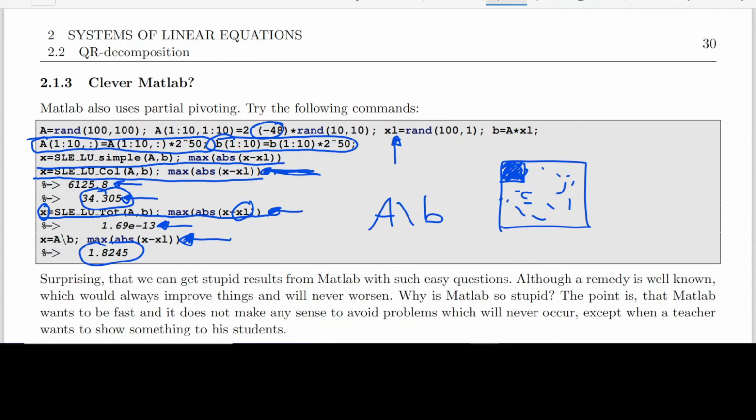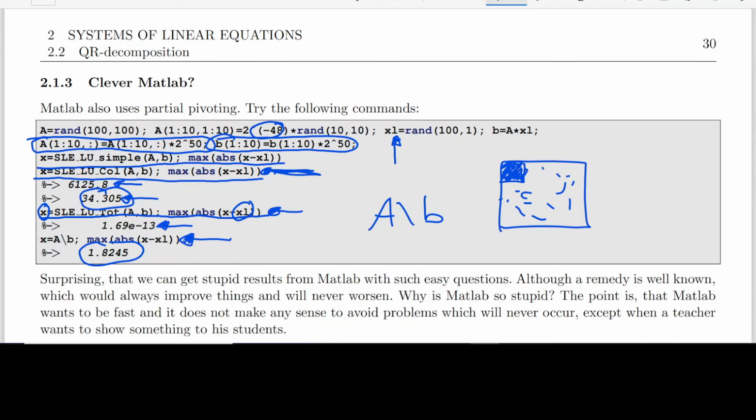If you want, you can analyze that, but it's still the same. If you have deviations of 6,000 and then you have an algorithm producing deviations of 34, then 34 is still a catastrophe. And having deviations of 1.8 is also still a catastrophe. So the Matlab answer here is complete nonsense.